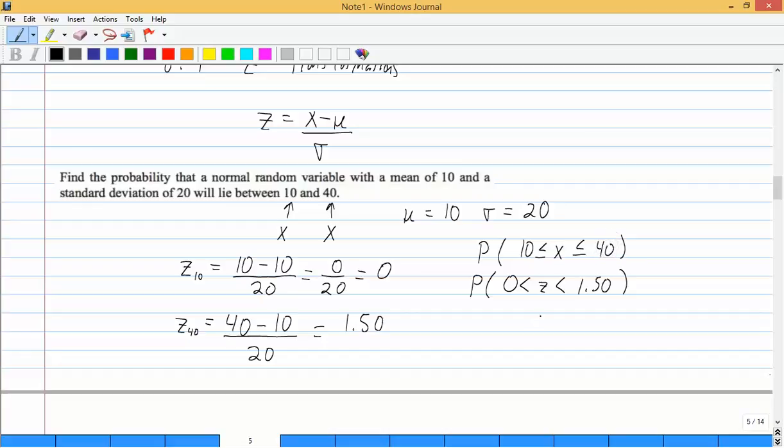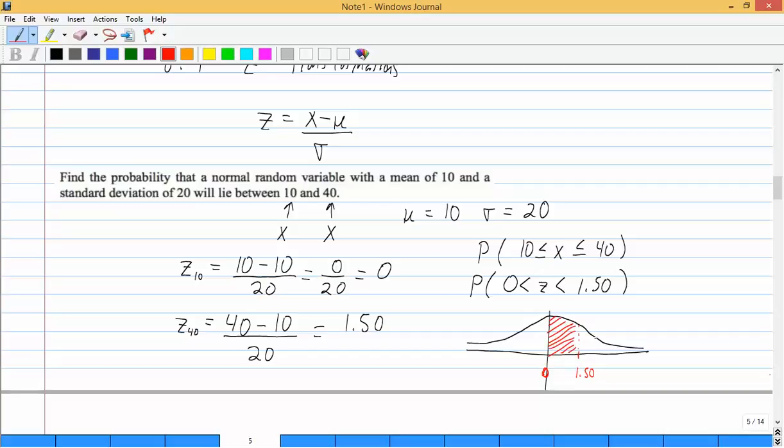Okay? So what I'm actually trying to figure out, you don't have to always draw a picture, but it might help you to understand what you're doing if you do draw a picture to begin with. All right, so I have a z-score of 0 right here. I have a z-score of 1.5 probably somewhere about right here. And so I'm trying to figure out the area between the two.